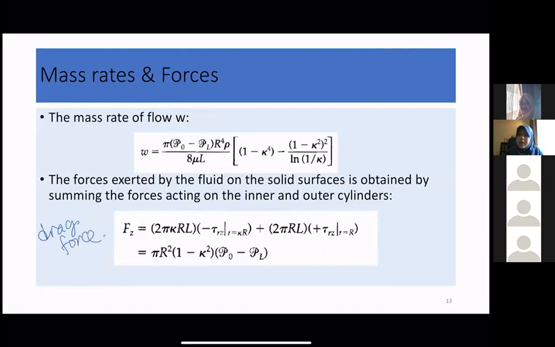Okay, the force needed on the solid surface by multiplying again the tau at r equal to kappa R, which is on the inner wall, the smaller diameter, and also on the larger diameter, and then we add them up. All right, so that is about the annulus.